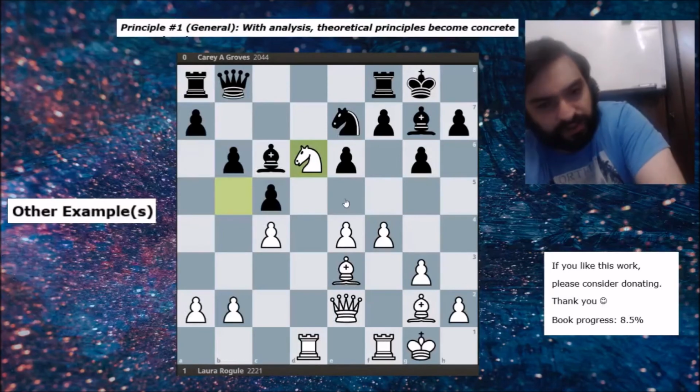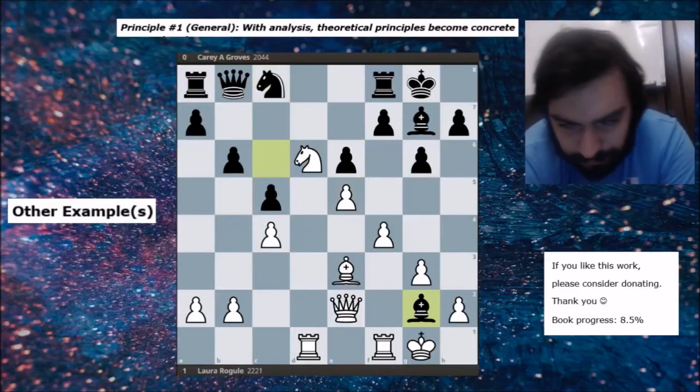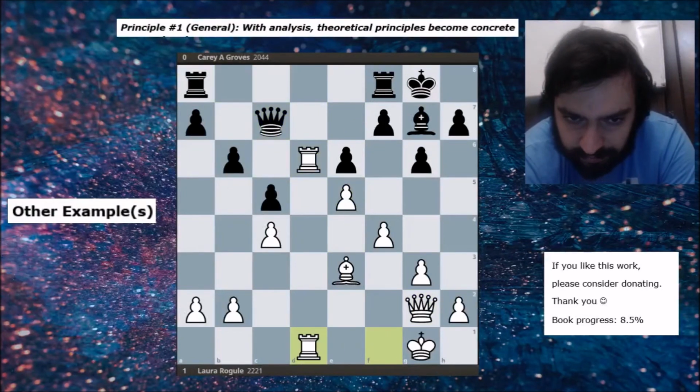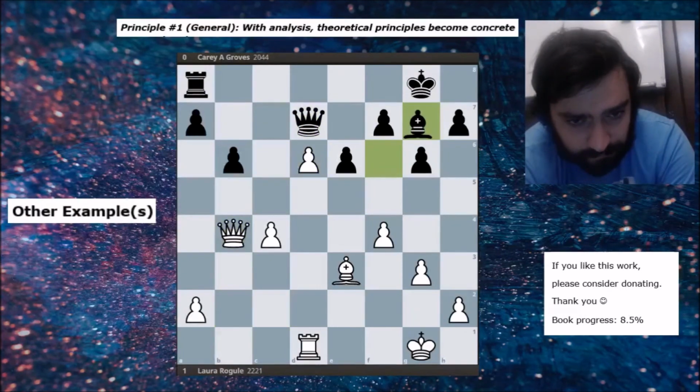I think White here really played a model game, because they made use of these ideas of cementing the knight on d6, and soon enough it was converted into a passed pawn. Right here it was converted to a passed pawn, and I really think this was a model game.